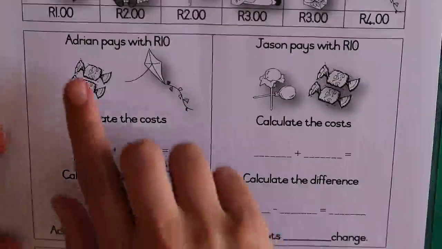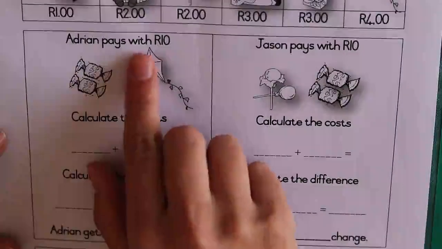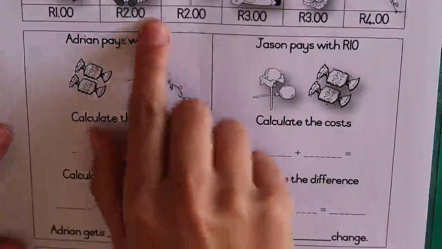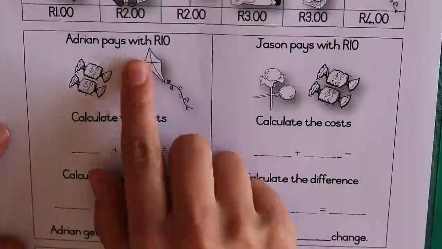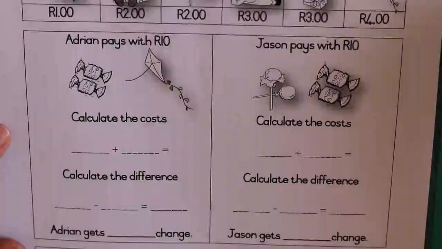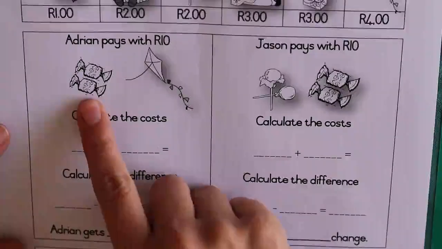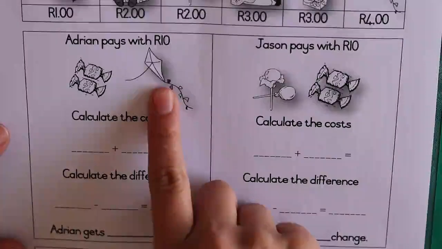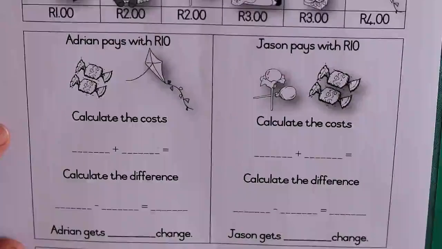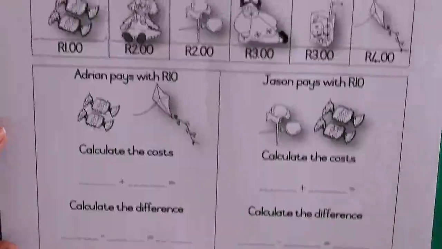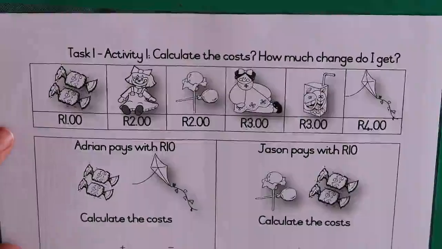First one, Adrian pays with R10. Okay, so we know he has R10. He's buying these items with his R10 note. He's buying the toffees and he's buying the kite. So the toffees, we go back up top. What did the toffees cost?